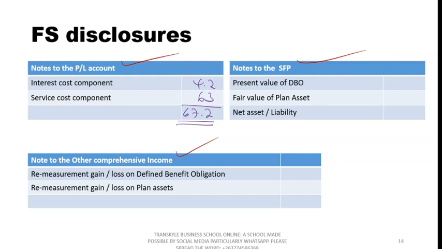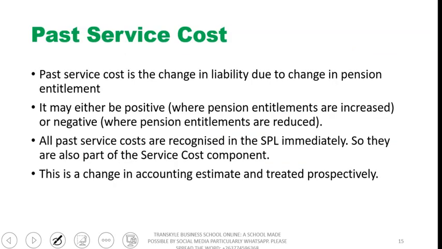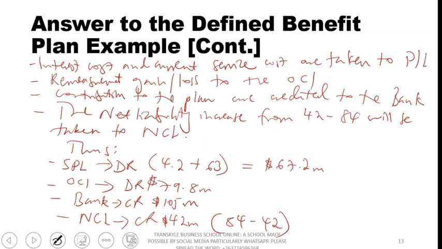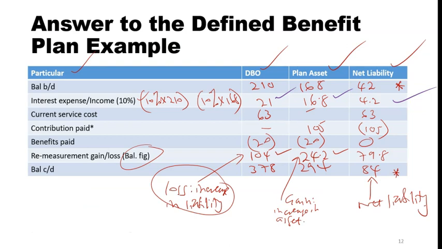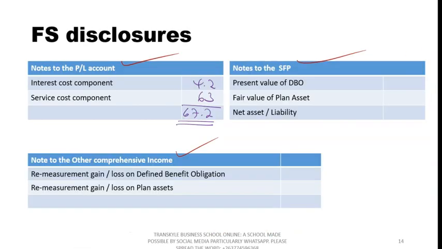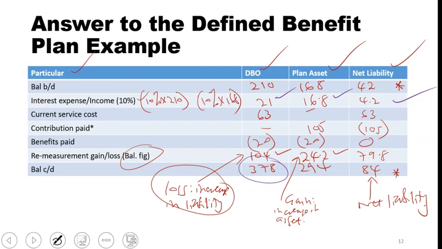And then in the statement of financial position, the notes to the statement of financial position will show the present value of the defined benefit obligation. We take the last figure, the closing figure, the 378, as part of our disclosures. And the fair value of the plan asset at the end of the year was how much?